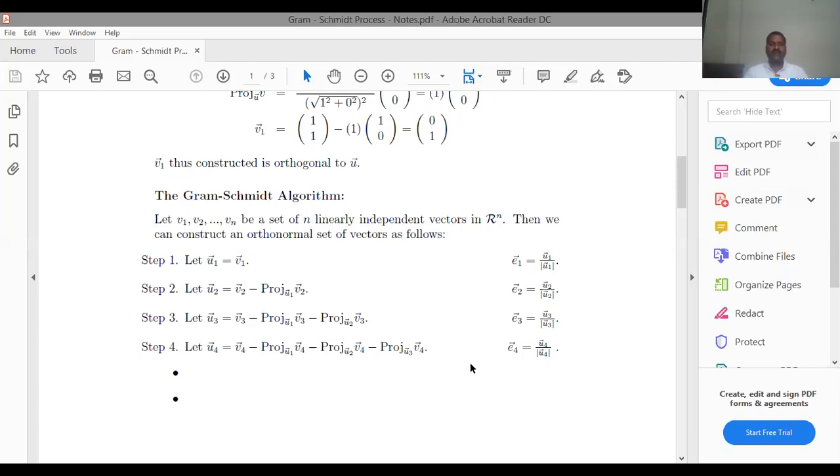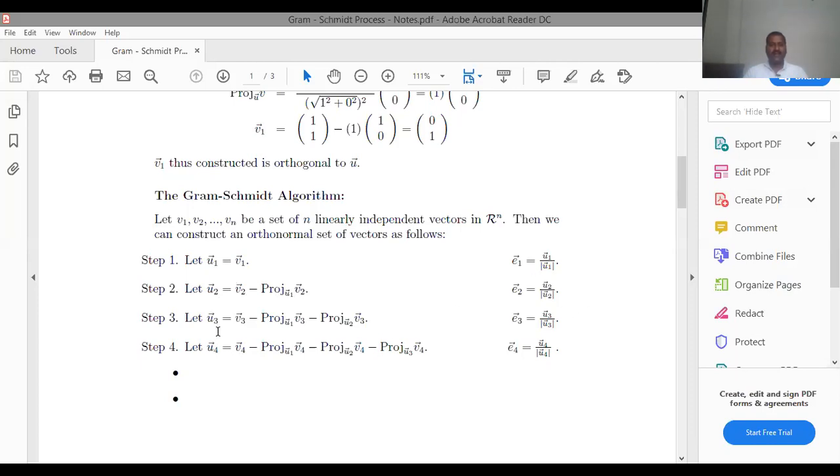We need to start somewhere. So we take the first vector v1 bar as u1 bar itself. Then v2 bar equals u2 bar minus the projection of u2 bar on v1 bar. Here is its normalization.